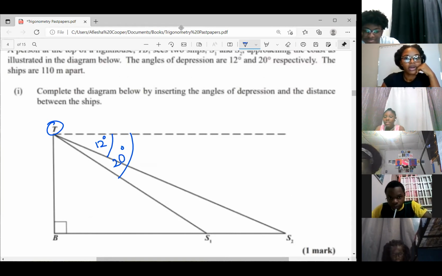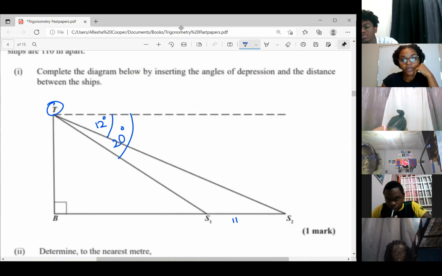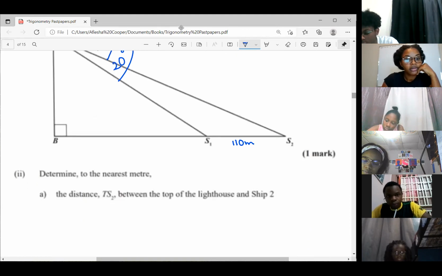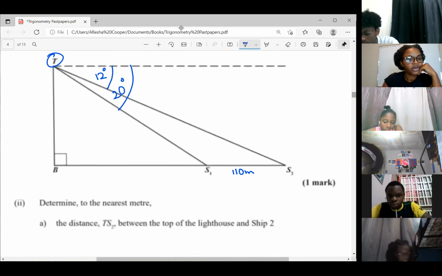All right. The 2 ships are 110 apart. Where do we put in 110? Between S1 and S2. 110 meters, nice. So the first part is complete the diagram, angles of depression, distance between ships, easy 1 mark.